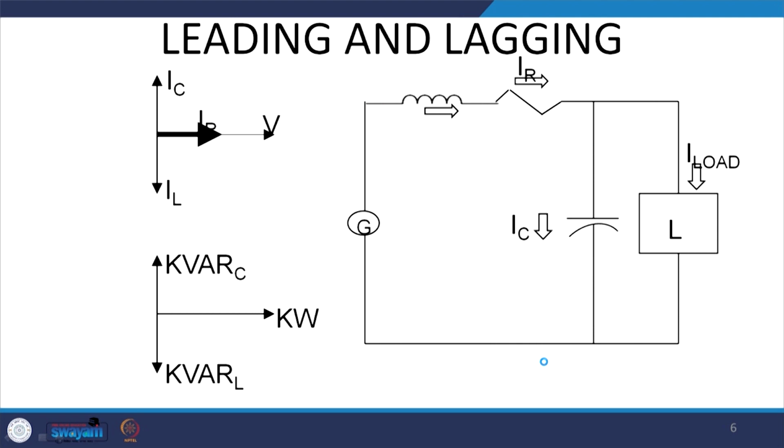So, we can have a leading and lagging power factor, this is an inductor, and for this reason you have a capacitor as a load. So, we require to correct the load, and we can have a resonance condition when capacitive VAR and inductive VAR match each other, and thus the system behaves as a resistive circuit.